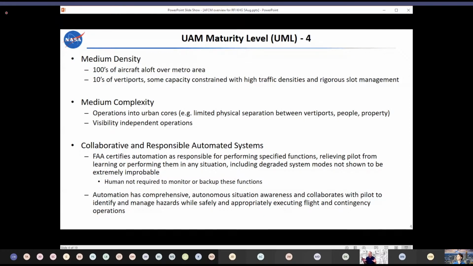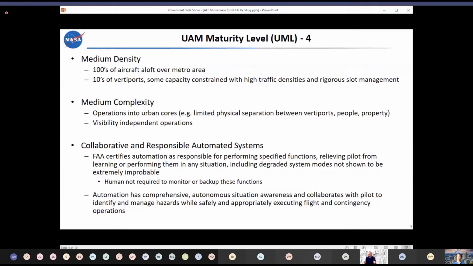So at the level of individual cities, UML4, this is sort of a rule of thumb, we're talking about hundreds of aircraft aloft over a given metro area.